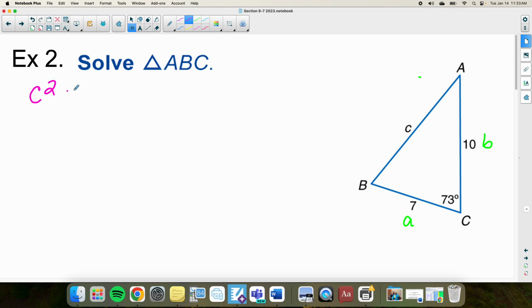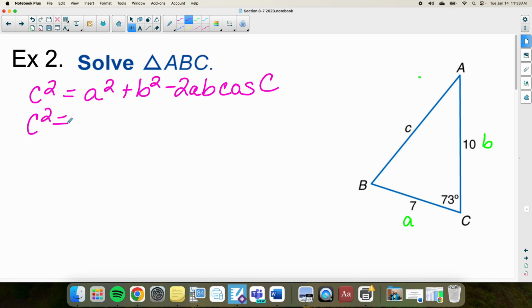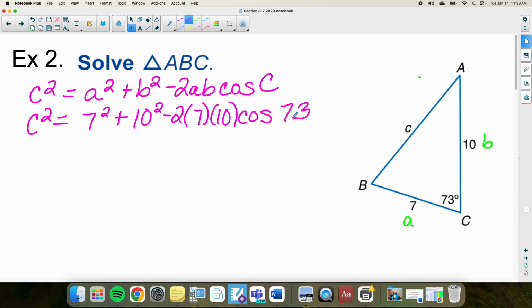So the formula is c squared equals a squared plus b squared minus 2ab cosine of C. So little a is 7 squared, little b is 10 squared, minus 2 times 7 times 10 times cosine of C, which is 73.